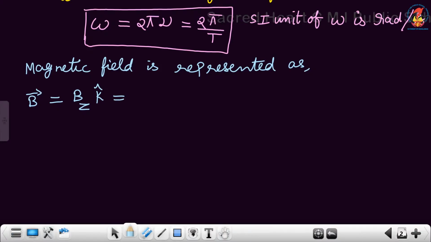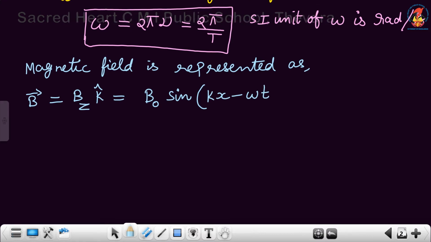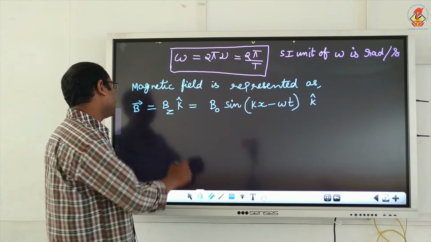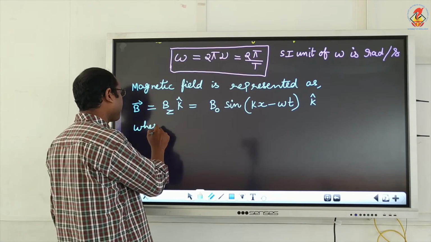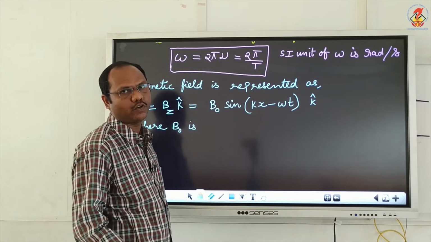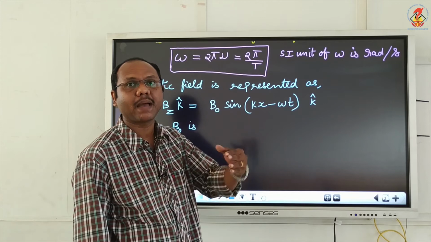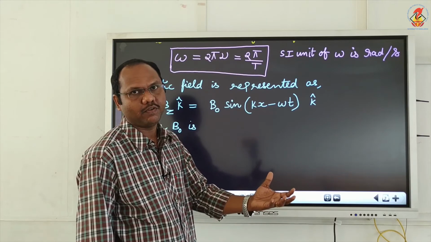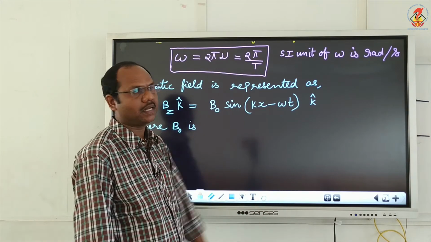So B z k cap, which is given as B0 sin(kx minus omega t) into k cap. So what is B0? B0 is the amplitude of the magnetic field, that means the maximum magnetic field, the peak value of the magnetic field.